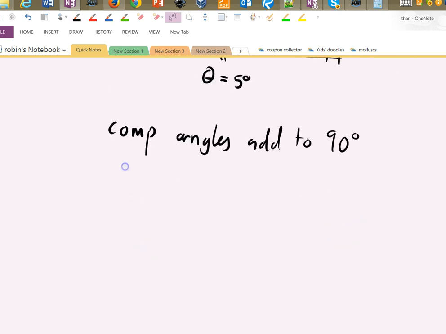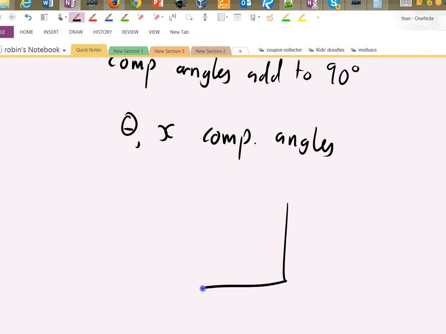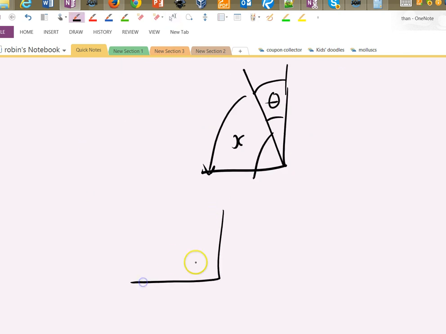You can see that if I say that theta and x are complementary angles, well, if I have a right angle here, and I just put any old line here at all, if that's theta and that's x, then theta and x are complementary angles because they add up to 90 degrees. So you can see what complementary angles look like just by sticking them here.